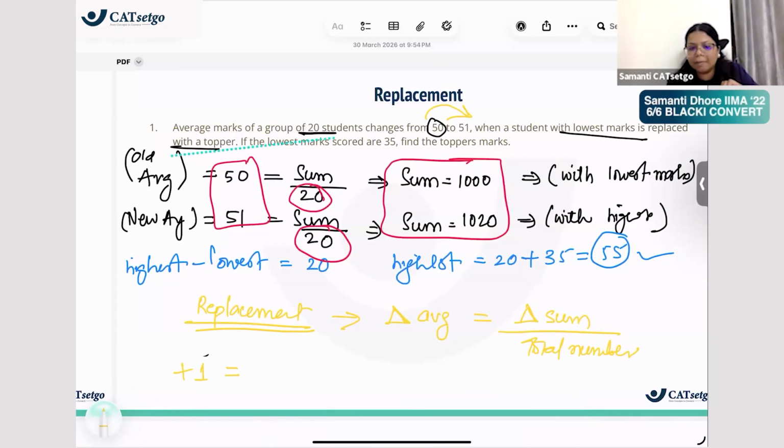That happened because of the change in sum. Change in sum क्यों आया, because lowest marks वाले को हटाया और topper को add किया, right. The change in sum was you removed -35, you removed that person with the lowest marks and you added a topper and the total was 20. So then topper is basically 20 plus 35, which is 55.